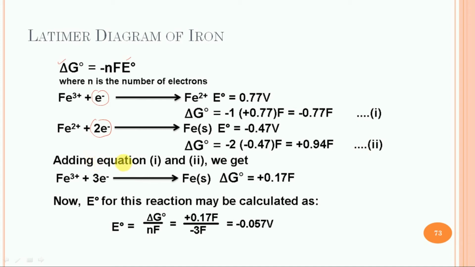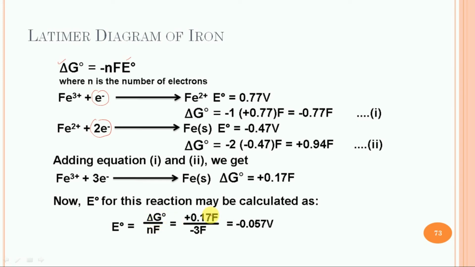Now adding equation number 1 and 2, for the change of iron 3 positive to iron, the delta G value is equal to plus 0.17 F. Now the electrode potential for this reaction may be calculated as E, which is equal to minus delta G standard upon nF.